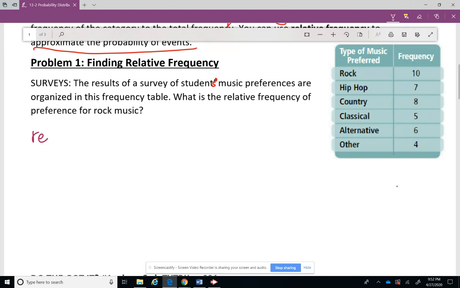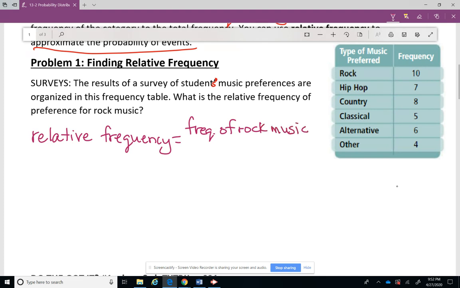In order to do relative frequency, you're going to do the frequency of rock music preference over the total frequency.